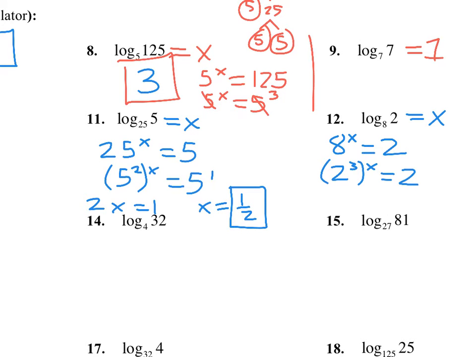The right side is 2 to the first power. 3x equals 1, so x equals 1/3. The reason that's true is because the cube root of 8 is 2. So 8 to the 1/3 is 2, because if you have 1/3 in the exponent, that's the same thing as a cube root.